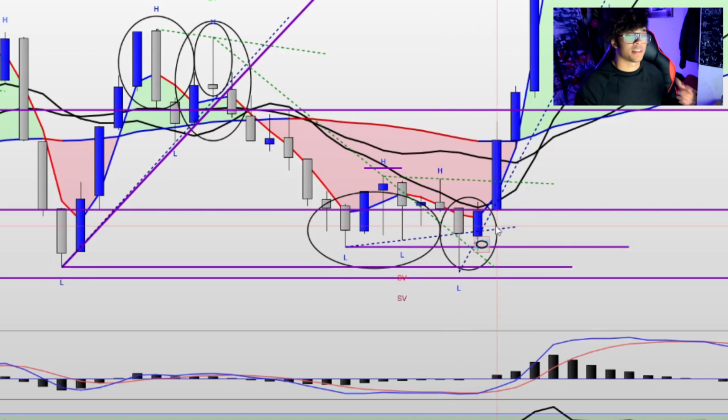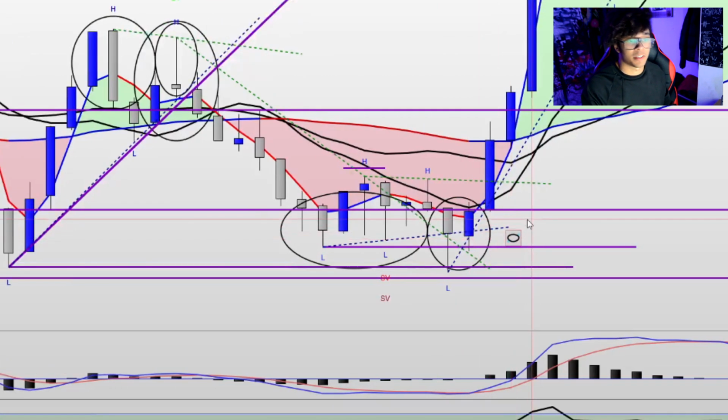Implies bullish momentum, and at this point you could probably take a trade above this resistance line, but at the same time we've got a TD line, so if you wanted further confirmation you could wait until that breaks.